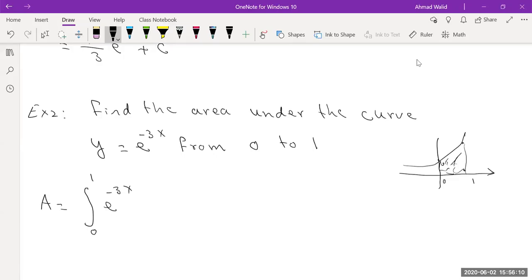Calculus has 2 branches. Your professor explained in calculus 1 the history of calculus a little bit, hopefully. One of the main discussions in calculus, or the first branch of calculus, is derivatives. Derivatives for me is the slope of the tangent line. Slope of the tangent line means rate of change.